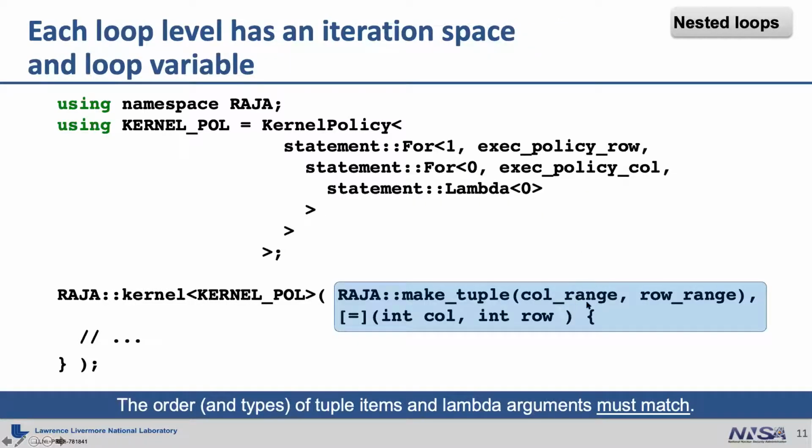The order of your policies and spaces match. So your column range is going to be your first parameter for the range, and your first parameter for the index is going to be your column also. And this is what allows it to do the mapping through the templates.